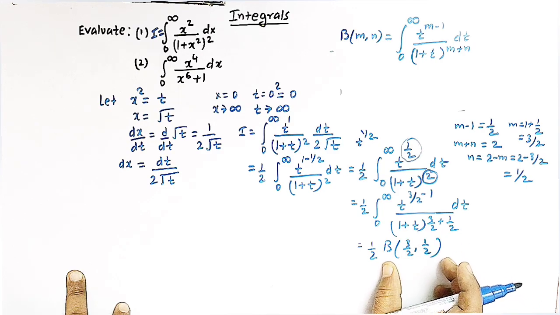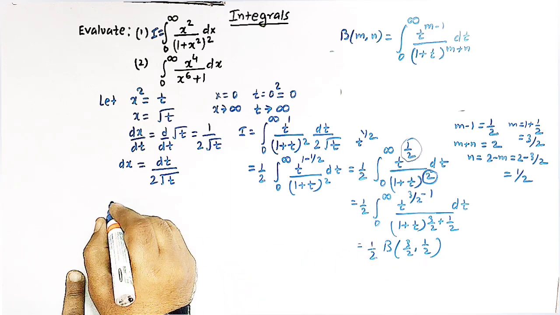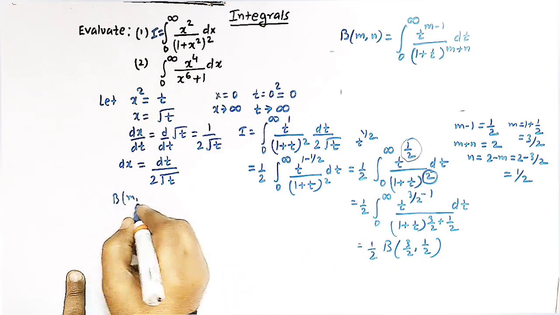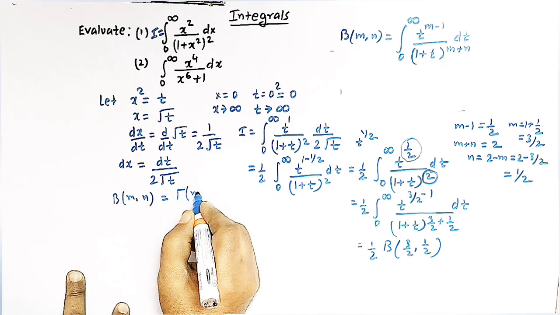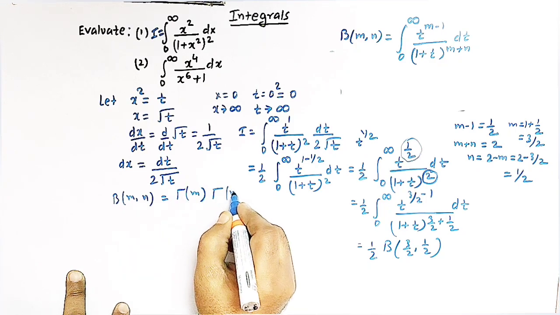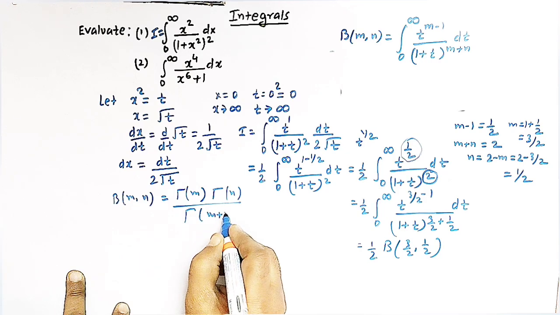So now we have to find out the value of this beta function using the relationship between beta function and gamma function. So beta m comma n is related to gamma function as gamma m, then we have gamma n, and then we have gamma m plus n.